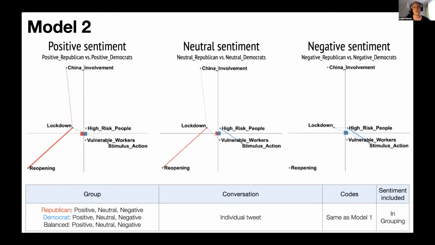The second model included the sentiment analysis. In this model, sentiment analysis was part of the blocking variable.